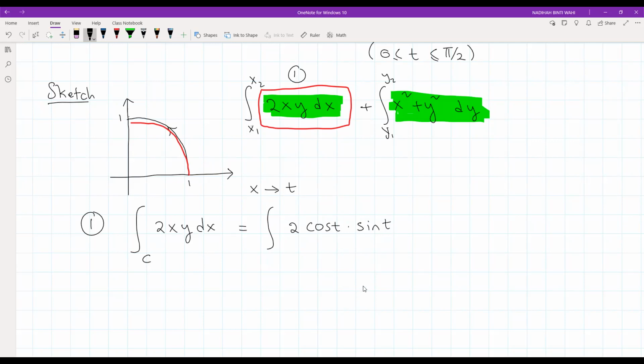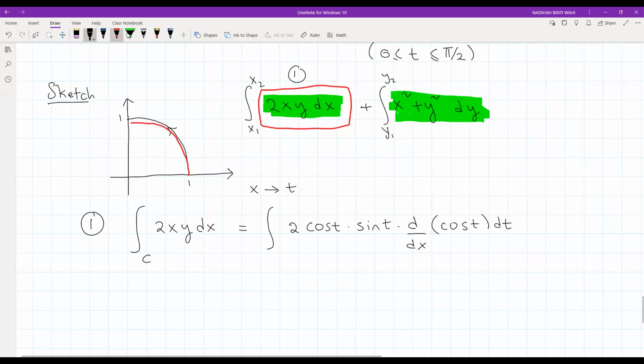How about dx? Dx adalah d over dt of cosine t dt. So saya cuma buat apa?